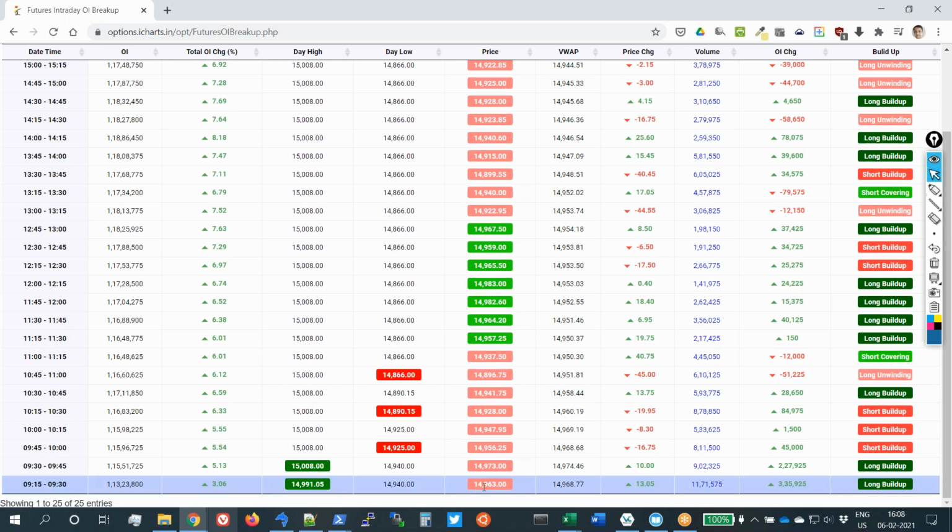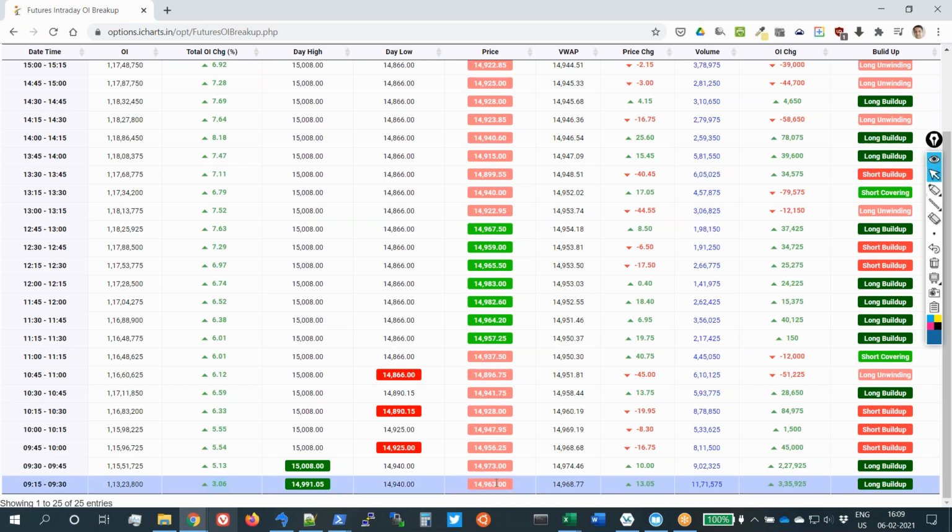So 15 minutes after market starts, we are below VWAP, but the change is positive. Since open, it has traded up from 9:15 to 9:30, but it is still below VWAP, and the change is up. So it is basically long build-up.